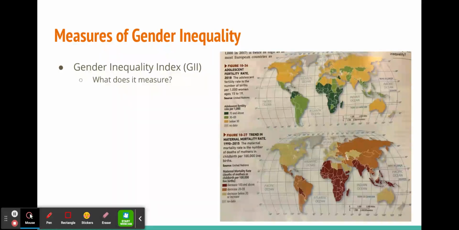And of course, this varies by actual country and region. Europe is 8 out of 100,000, while sub-Saharan Africa is more than 500 women per 100,000. The US, on the other hand, is one of the 13 countries in the world whose numbers have gone up since 1990, with 17.4 women per 100,000 births.